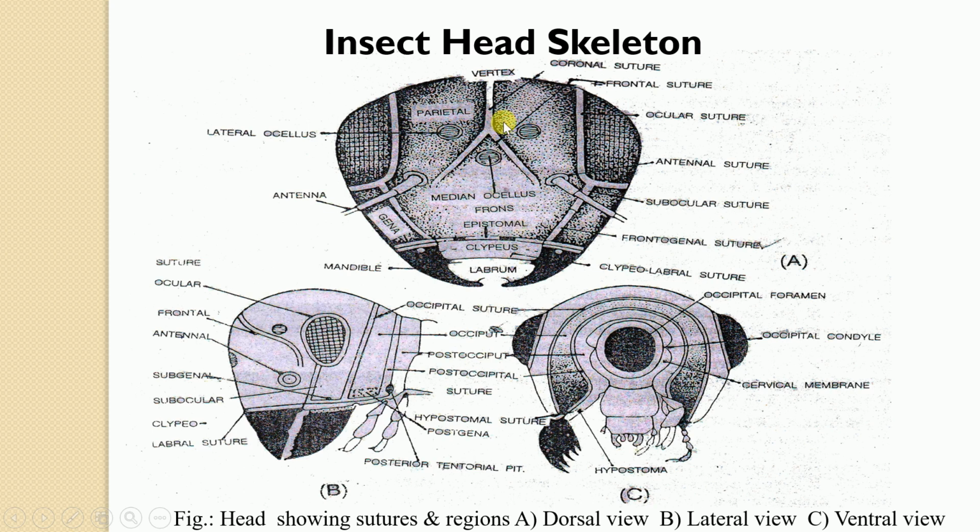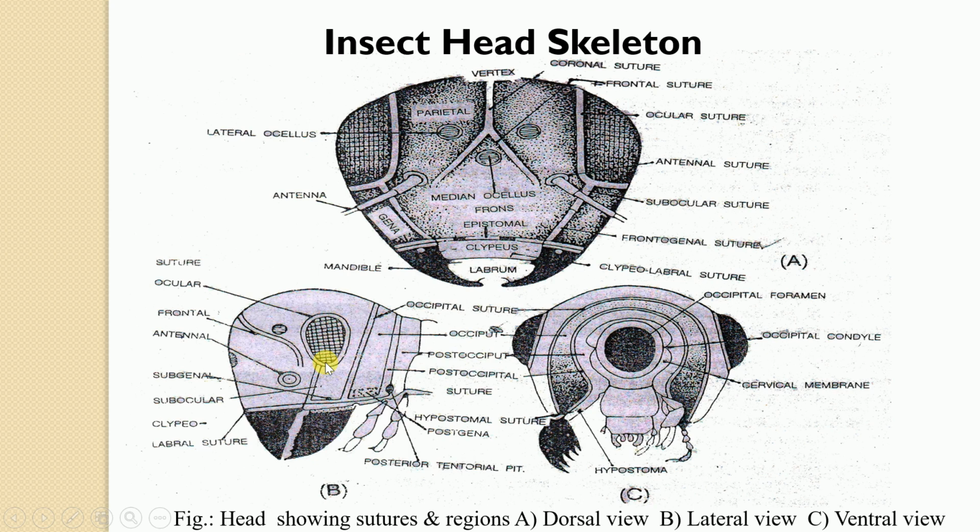The third is the epicranial suture, also referred to as the ecdysial suture, present between the frons and the epicranium. Next is the occipital suture, present between the epicranium and the occiput. Then the post-occipital suture, present between the occiput and the post-occiput.